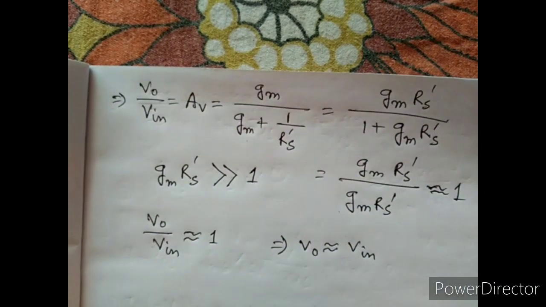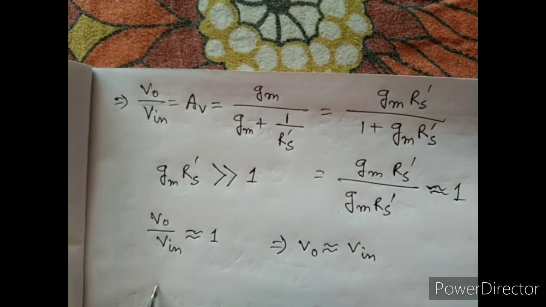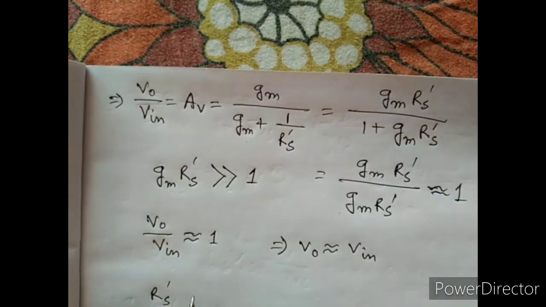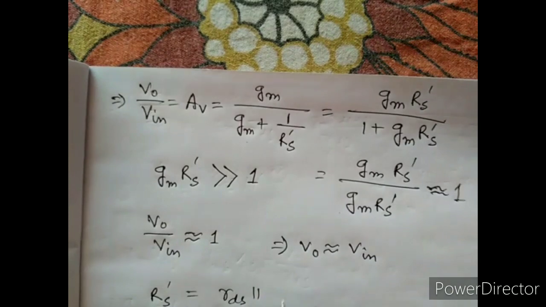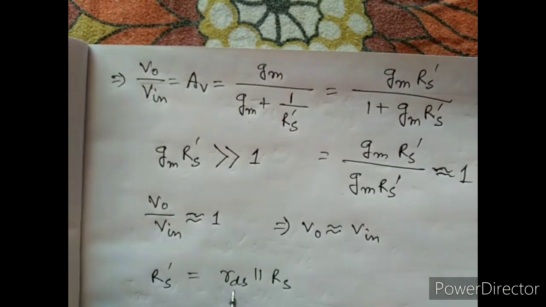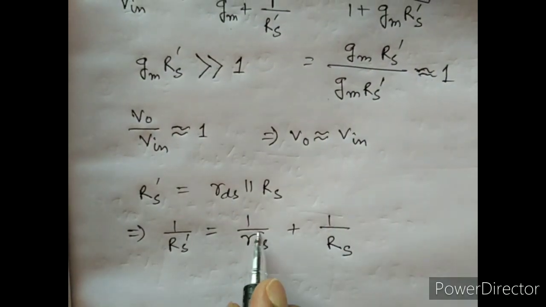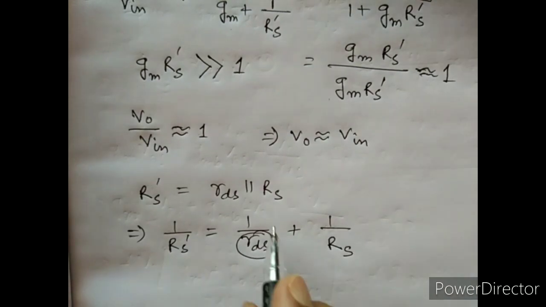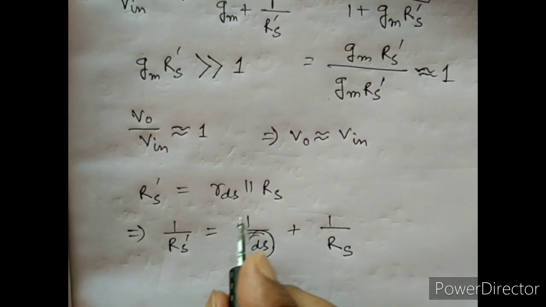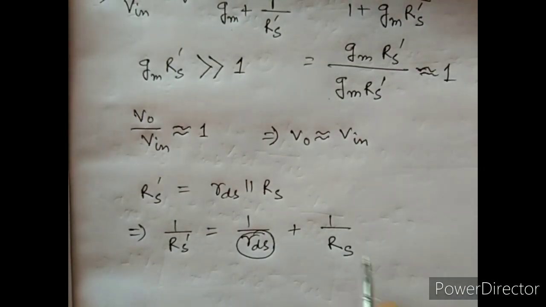Okay, now another thing is that we found RS dash equals RDS parallel RS. Now if RDS is very high, then 1 by RDS is more or less 0, so we can neglect this part.